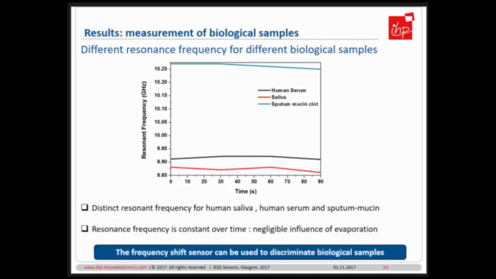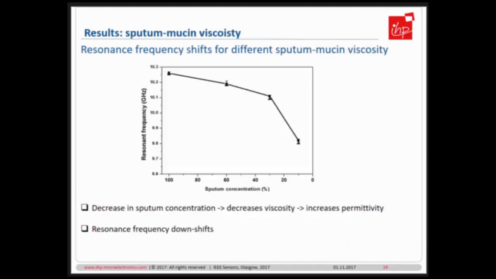And then, with this, we went ahead to do the measurement for sputum content, or concentration of water in, or viscosity of sputum, let's say. So as we decrease the concentration of sputum, there's a decrease in the resonant frequency.